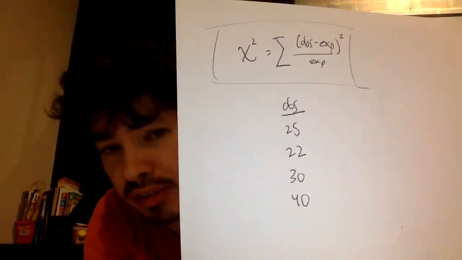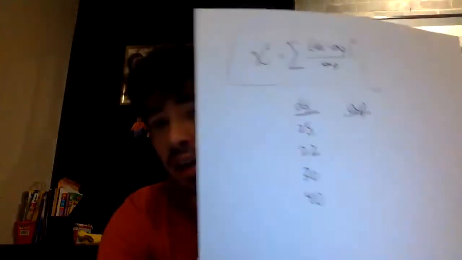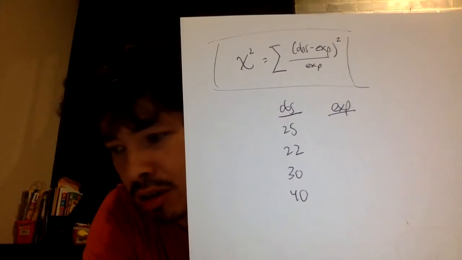Okay, so what are our observed values? We observed 25 moose in habitat 1, 22 moose in habitat 2, 30 moose in habitat 3, and 40 moose in habitat 4. Well, what would we expect? You're going to have to crunch out these expected values by hand. Remember there were 117 total.